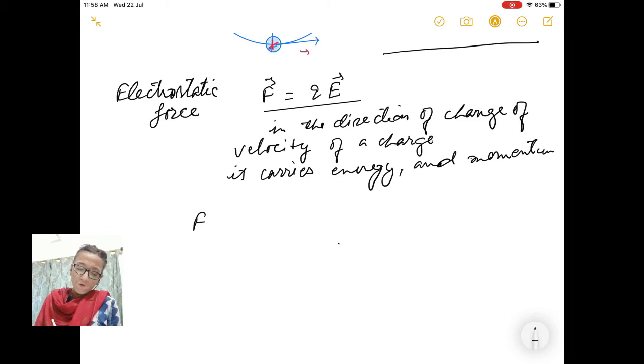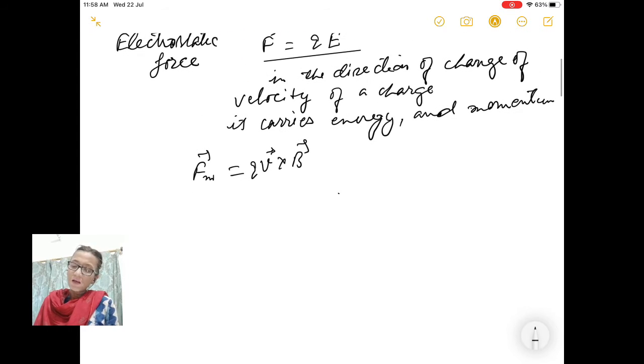Whereas the magnetic force, the Lorentz force, which is equal to qv × B, here v is perpendicular to the magnetic force, and in such a kind of force we have seen that when velocity is perpendicular to the force, the motion is along a circle.